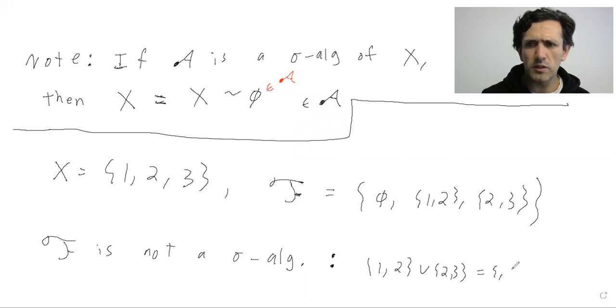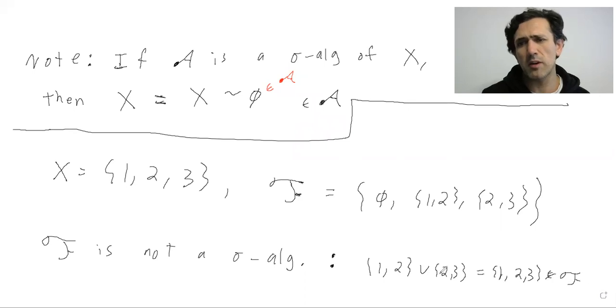This is {1, 2, 3}, and again, this is not in script F. There are a lot of reasons why this is not a sigma algebra; this is just one way to show it.